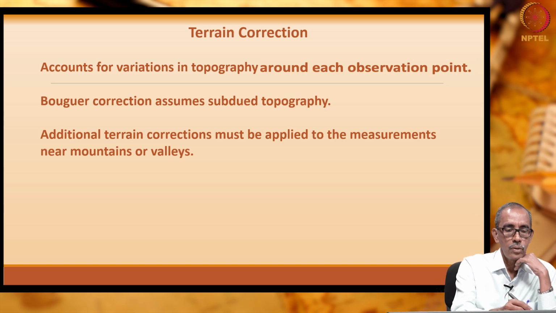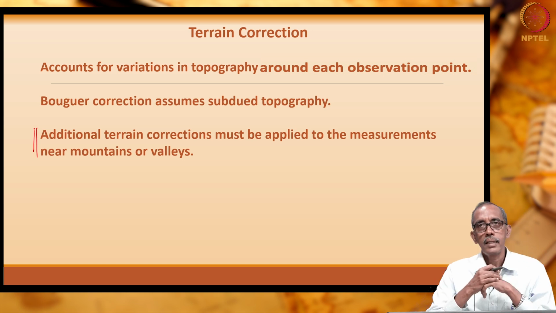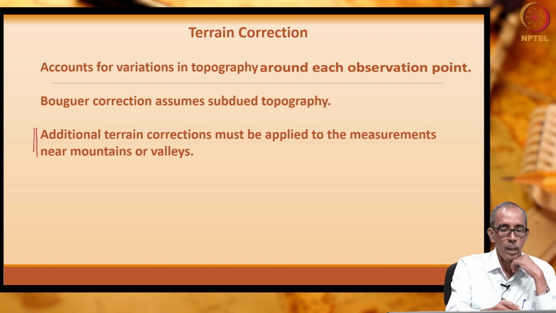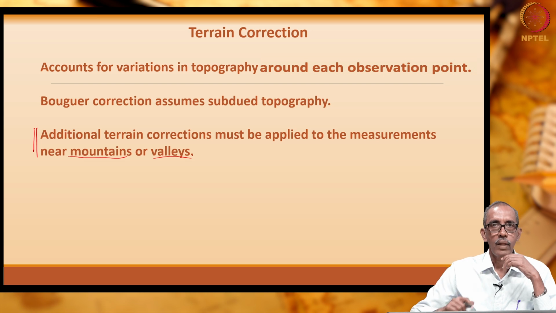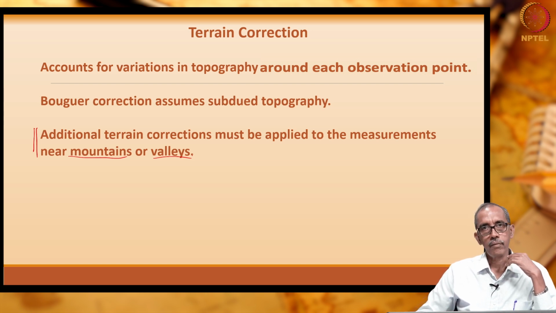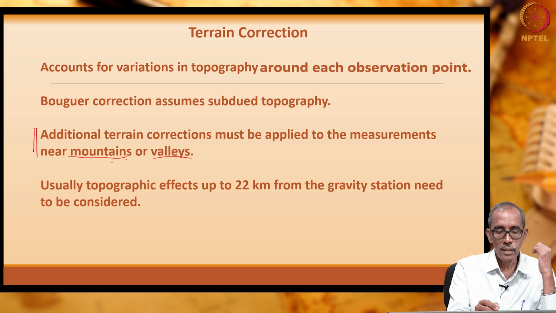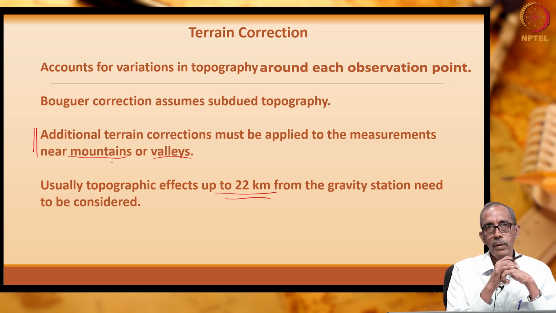Actually, we need to do an additional terrain correction to overcome the effects of mountains and valleys adjacent to our gravity station. In fact, mountains and valleys up to 22 kilometers from our gravity station will have an impact on the measured value.